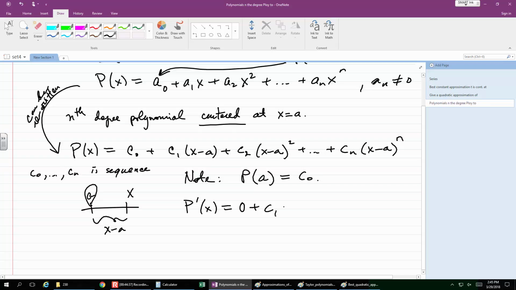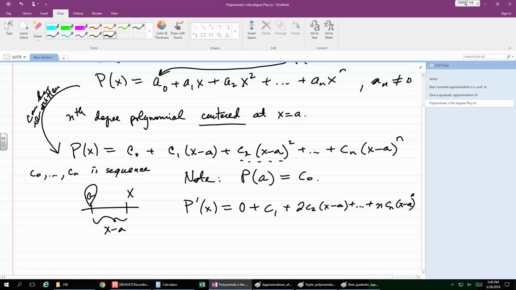What about the next one? Yeah, 2C2 times x minus a. The squared disappears. Okay, and the last one? Not 3, but n Cn times x minus a to the n minus 1.